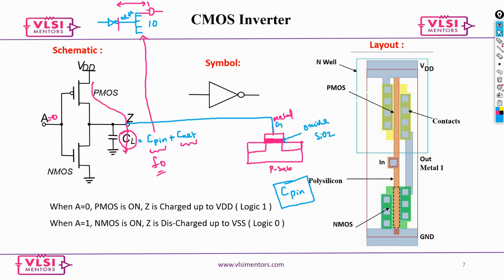Z is charging the metal gate. Exactly. So this is charging your gate, and the supply voltage is going to charge it up to VDD. That is the main thing.